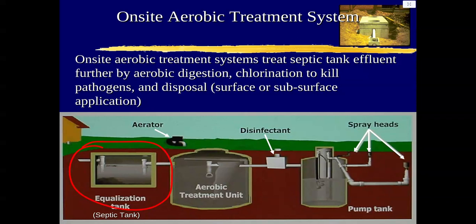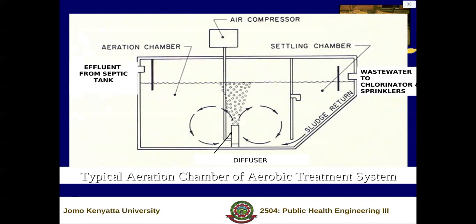In some cases, you may have a disinfectant introduced, and then you have a clear water storage tank. Or in some cases, you push this through either for irrigation or for other uses. So that's what basically we have.